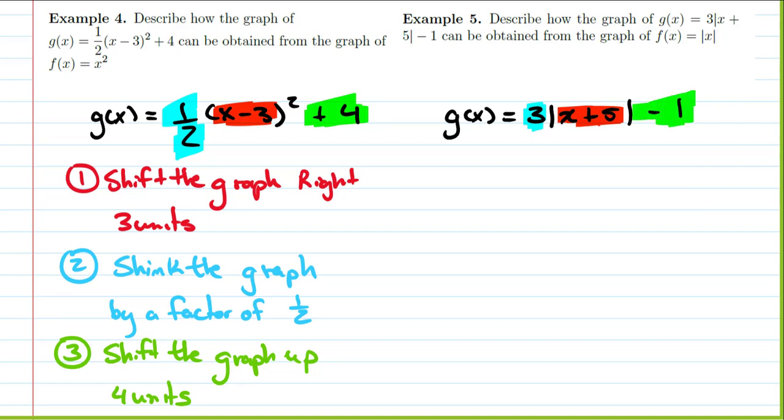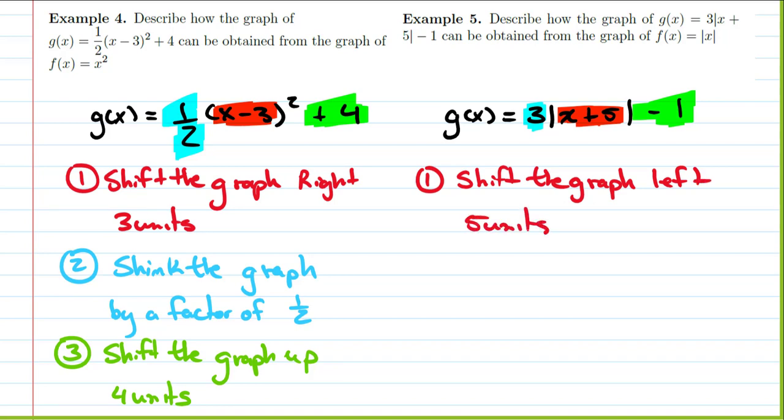So we're pretty much going to have the same thing happening in the sense that now we have an x plus 5, so this is going to shift the graph left 5 units.